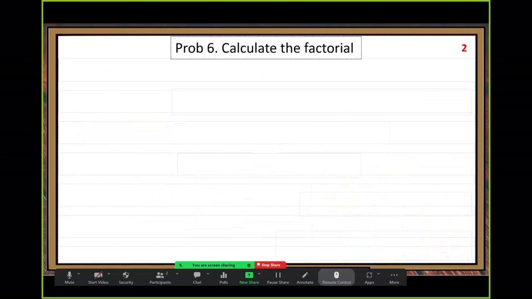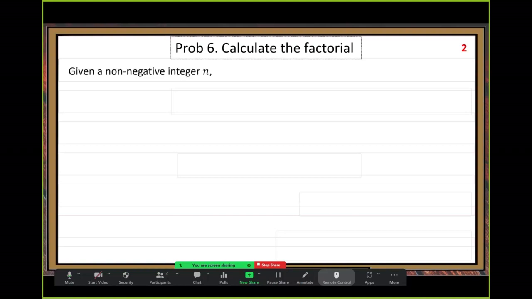Then let's work on our first recursion problem. The first one is a very simple example, but we can learn a lot of basic concepts. Calculate the factorial.